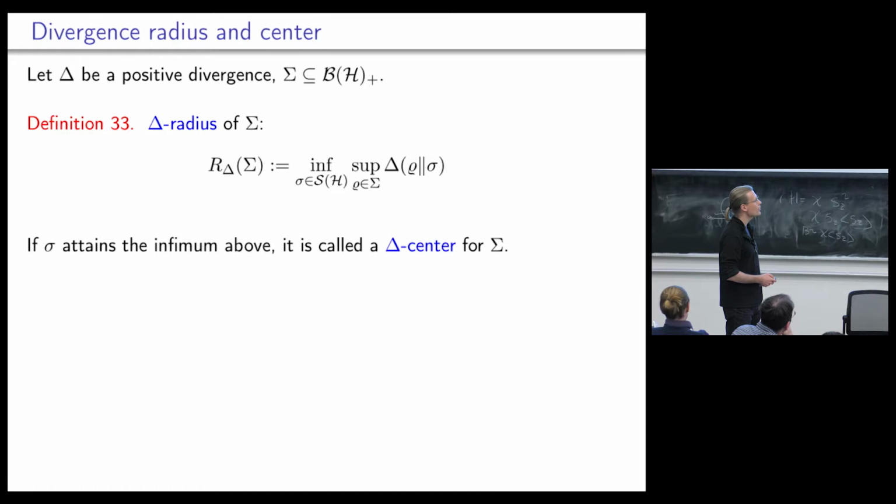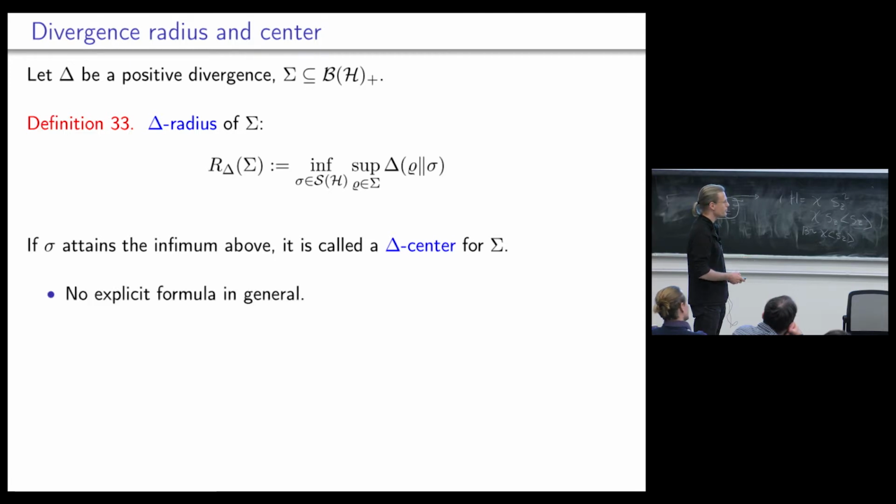Okay. And we look at the worst case or the largest distance of each member of this set from this sigma, and we want to minimize this distance. Okay. And if sigma attains this infimum above, then we call it a delta center.